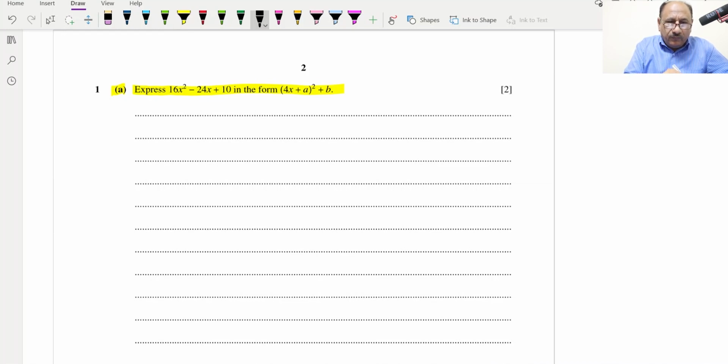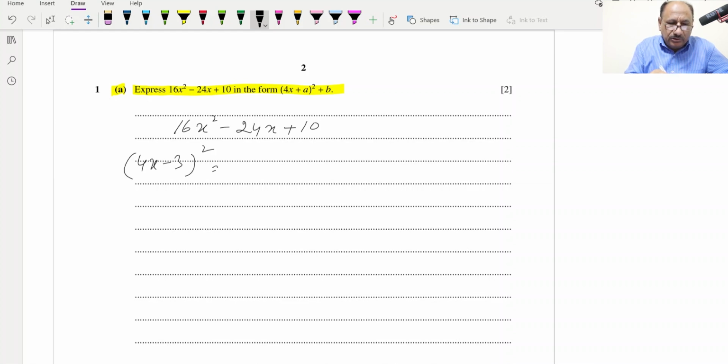So what we can do, we can take this equation 16x squared minus 24x plus 10, and we can rewrite it, for example, in (4x minus 3) squared format.